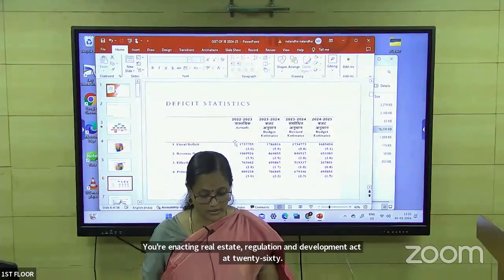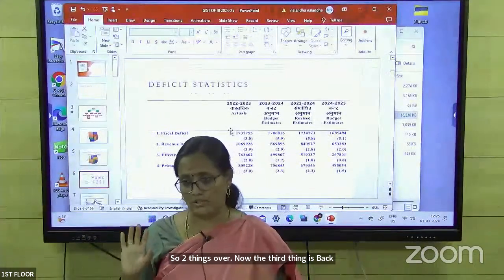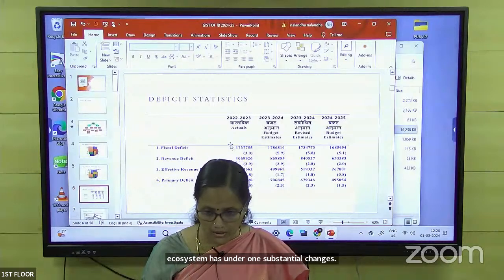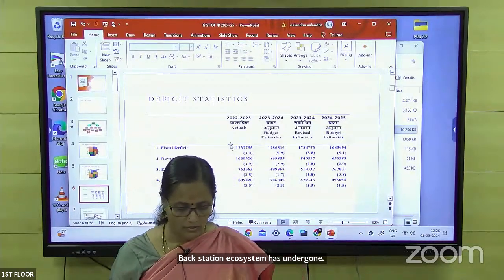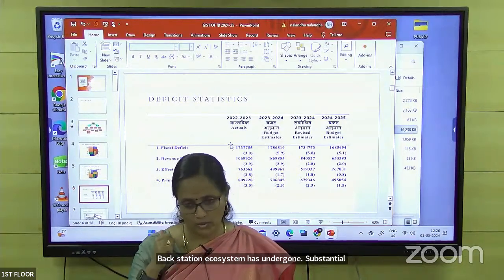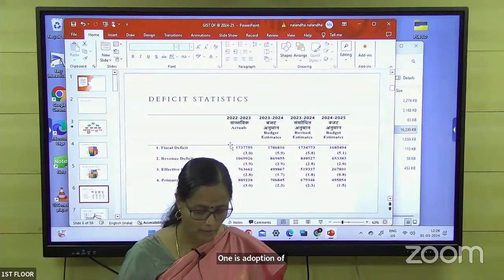Now the third thing is taxation ecosystem has undergone substantial changes. There are 4 changes which they have mentioned. One is adoption of GST.